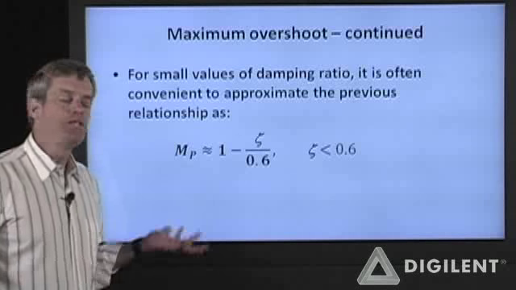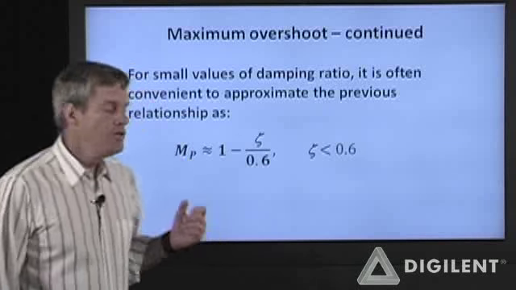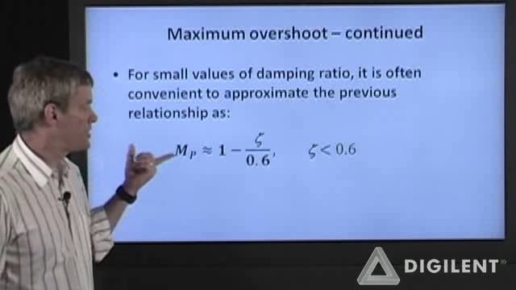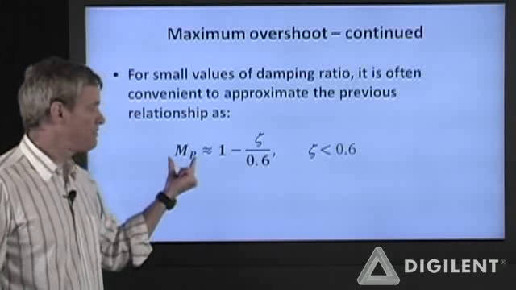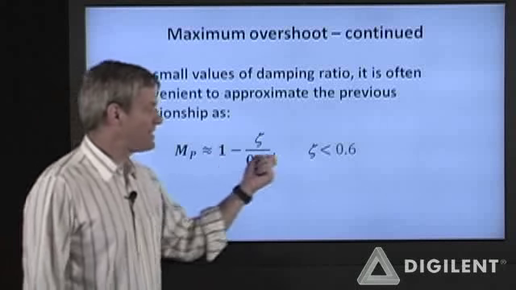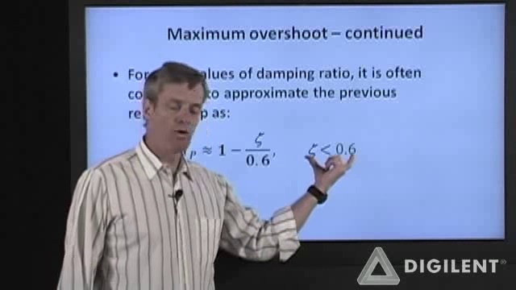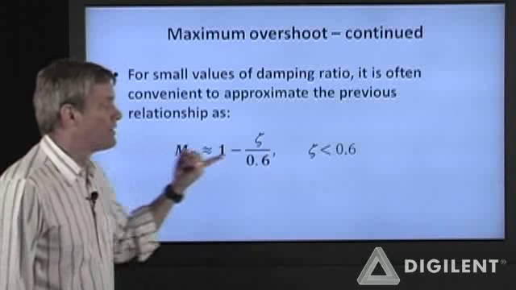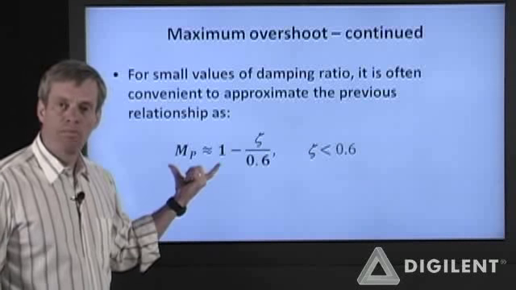If your damping ratio is fairly small, you can often get by approximating the previous overshoot expression to this. M sub p is about 1 minus zeta over 0.6. And that's not a bad relationship for zeta less than 0.6. Okay? The smaller the zeta, the closer this will be.